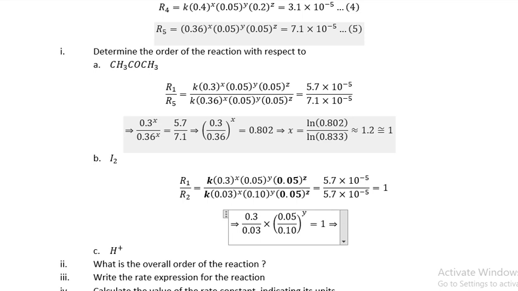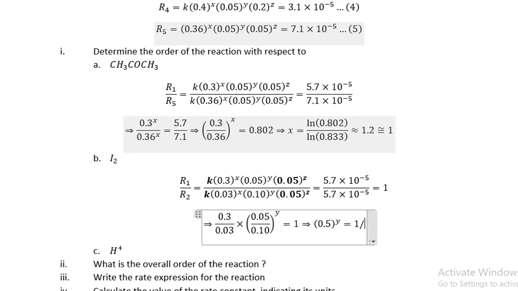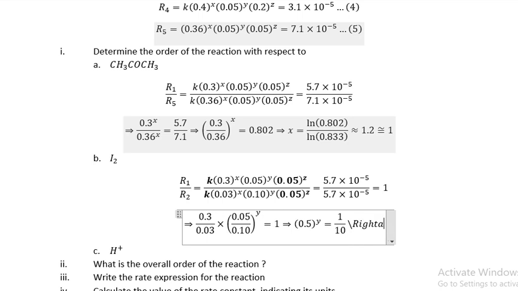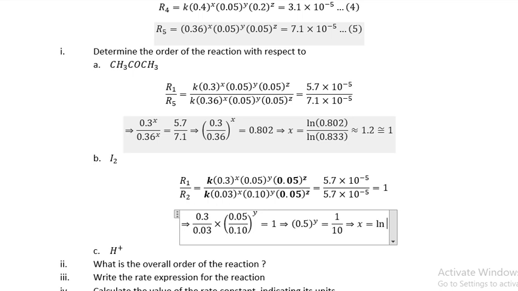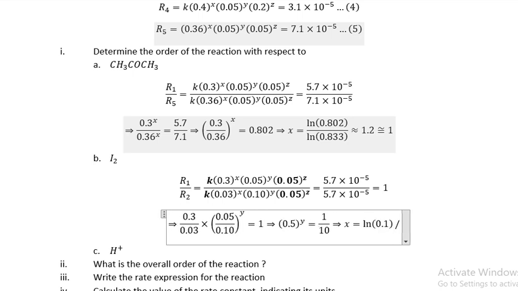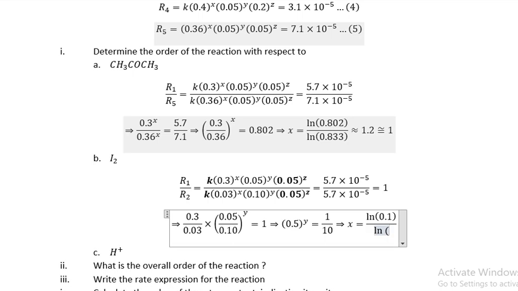I have 0.5, so I'm going to have here 0.5 raised to the power y equal to 1 divided by 10. I'll now take ln on both sides, and if I take ln on both sides, I will have that y will give me the ln of 1 over 10, that is the ln of 0.1, divided by the ln of 0.5.